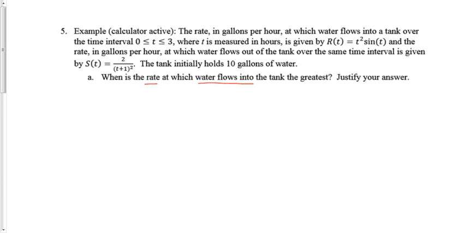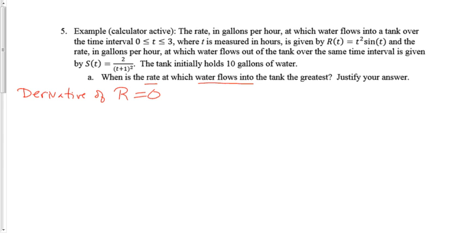Well, the water flowing in is also a rate, so I definitely want the derivative of R, and I want to set it equal to 0. So it's the derivative of R set equal to 0 to find when we have a critical number for a possible max or min.